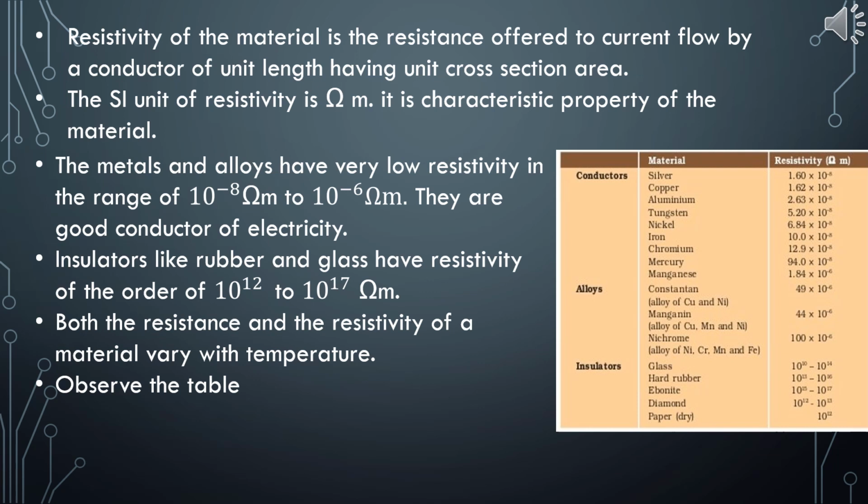Insulators like rubber and glass have resistivity of the order of 10 to the power 12 to 10 to the power 17 ohm meter. You can observe in the table that insulators like glass, hard rubber and others are kept under the resistivity column of the order 10 to the power 12 to 10 to the power 17 ohm meter, while alloys are kept between insulators and conductors, whose order is 10 to the power minus 6.